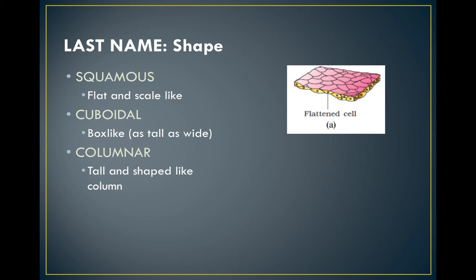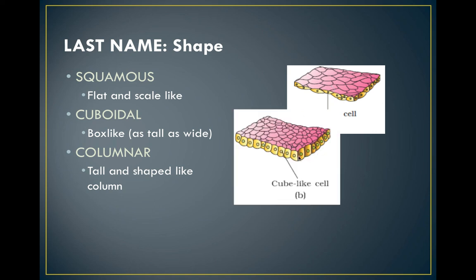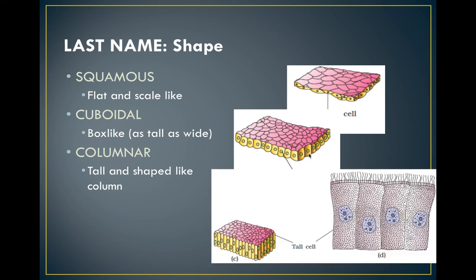Here are a couple of pictures. These are squamous cells, flat, scale-like cells. Now they're only 1 layer thick, so we would call this tissue simple squamous tissue. Here is a cube, so these are cuboidal cells. And here we see columnar cells, columns.